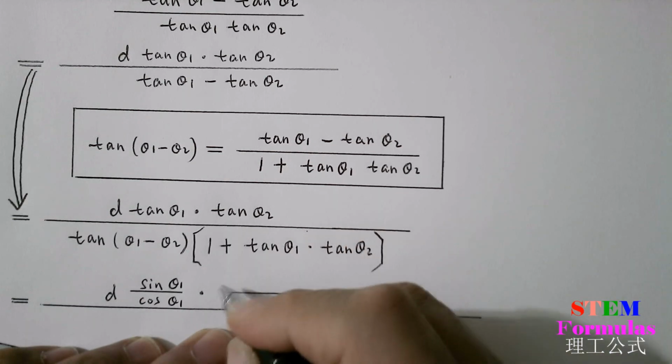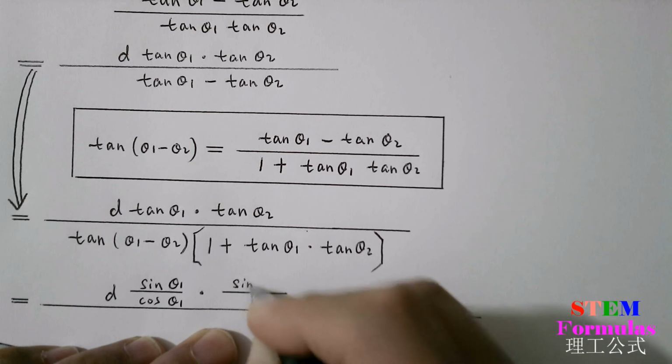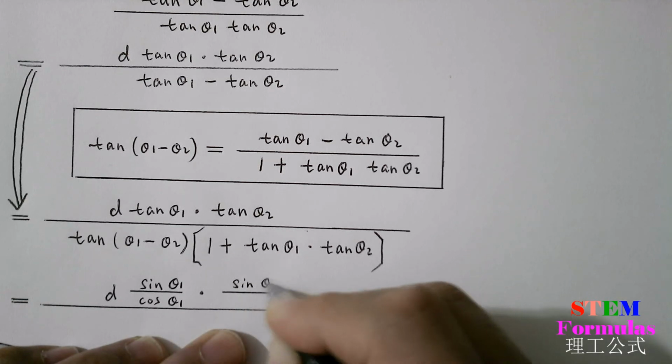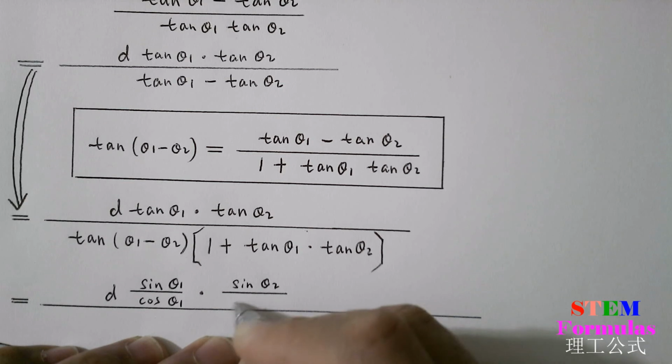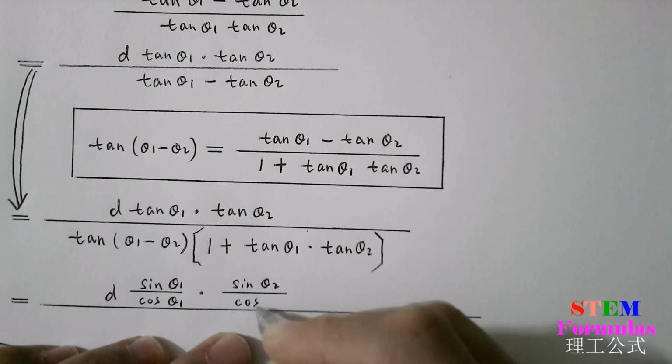Tangent theta 2 equals sine theta 2 divided by cosine theta 2.